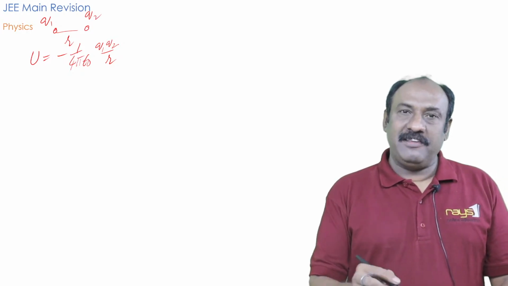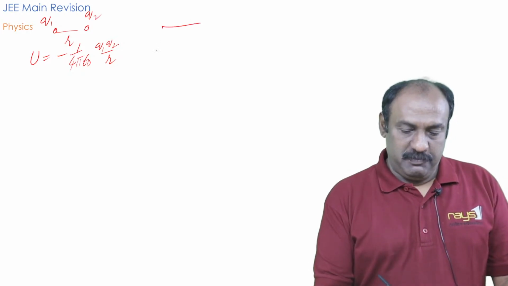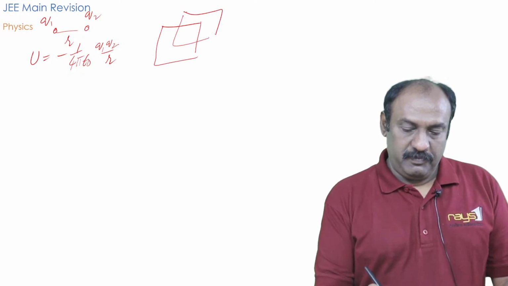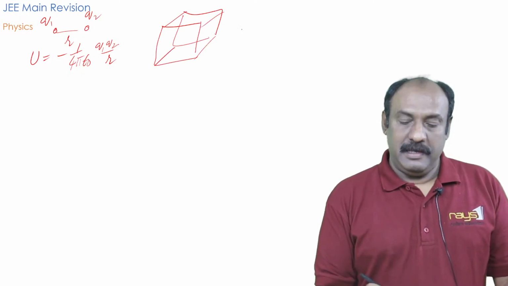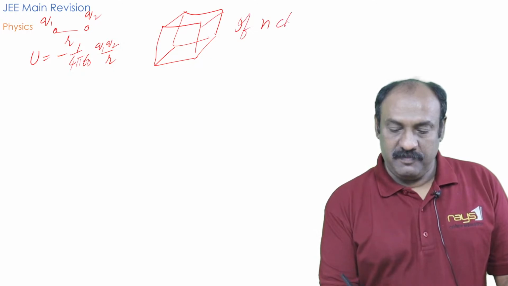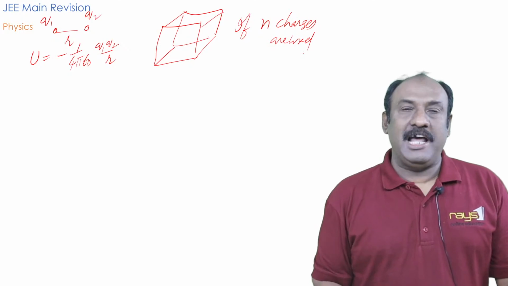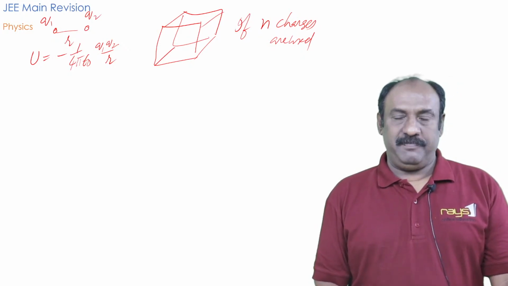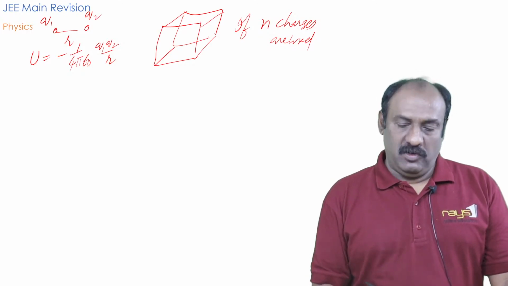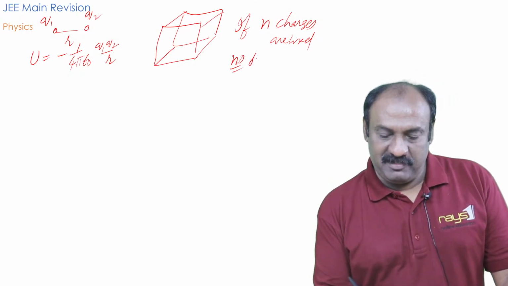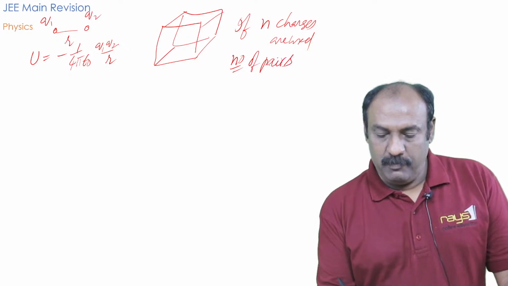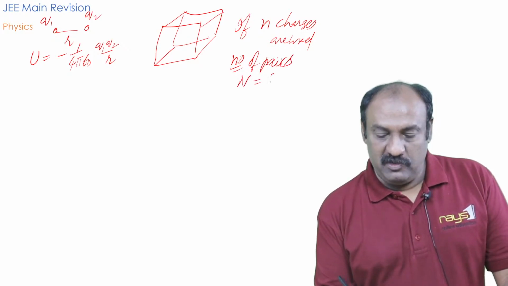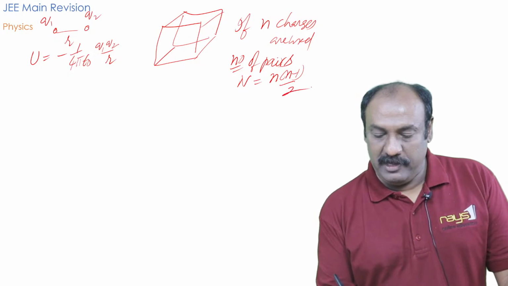If n charges are used in the combination, then to calculate potential energy, compulsorily one pair of charges is required. So the number of pairs is equal to n into n minus 1 by 2.